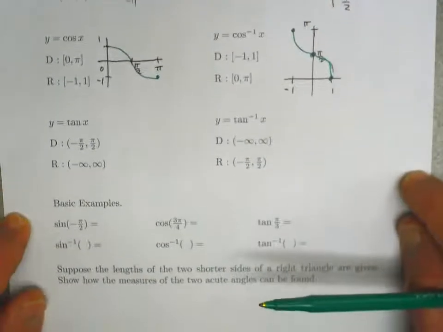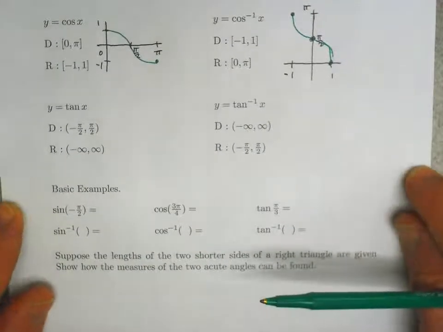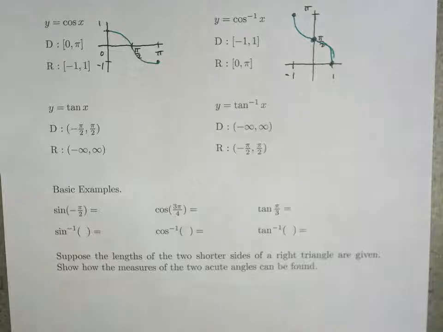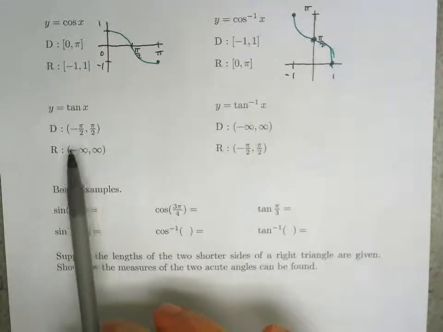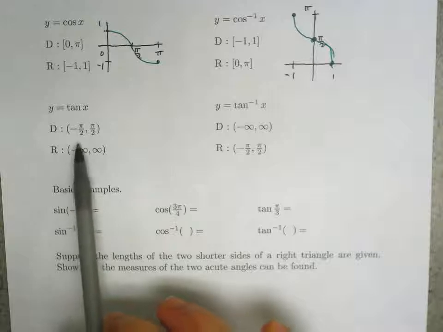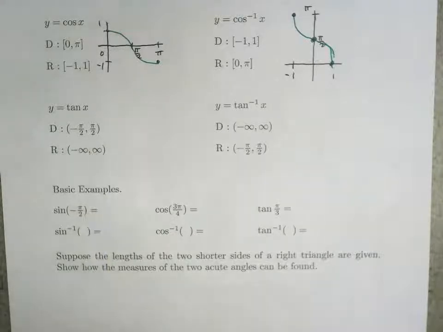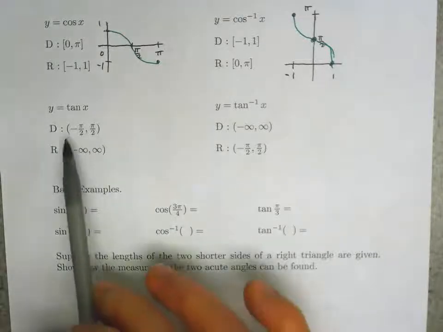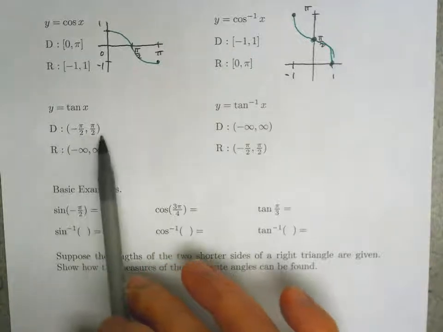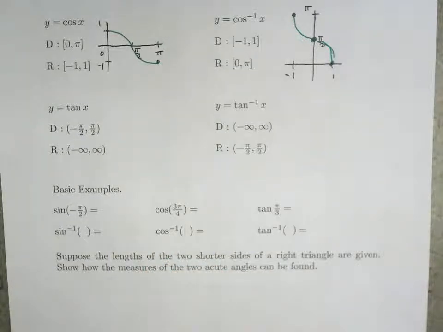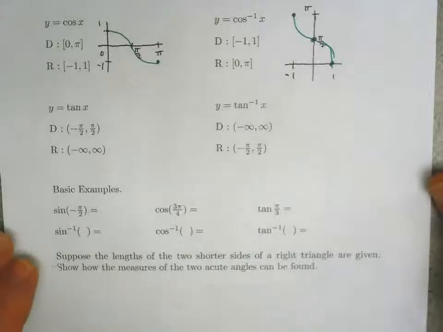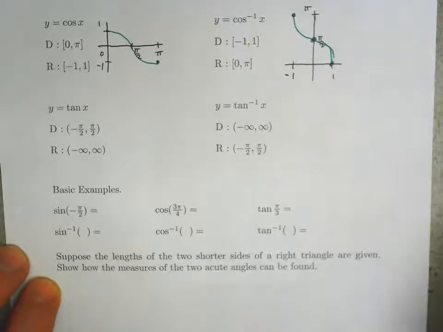Okay, tangent of x, y equals tangent of x. The domain restriction for y equals tangent of x is from negative pi over 2 to pi over 2. And the endpoints are excluded. That's where y equals tangent of x has vertical asymptotes.